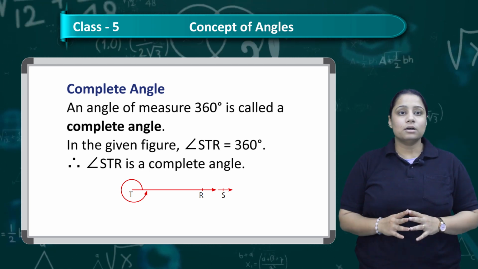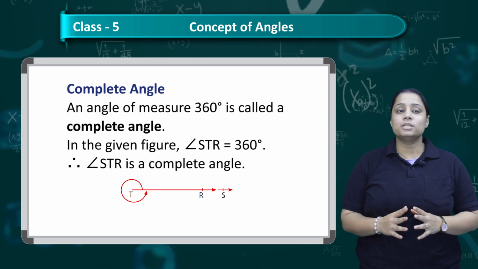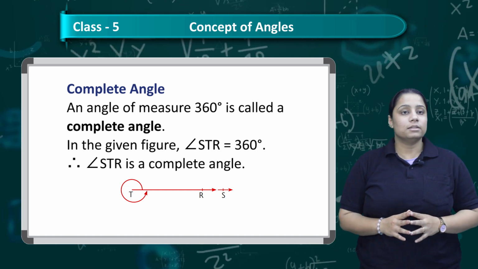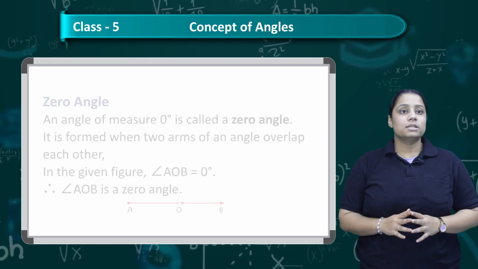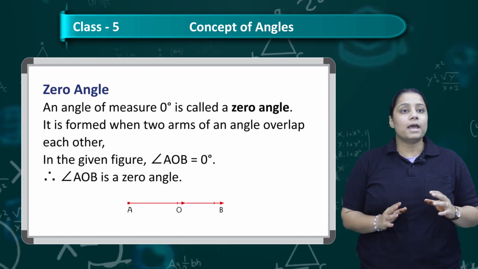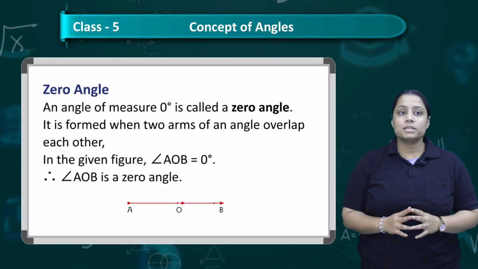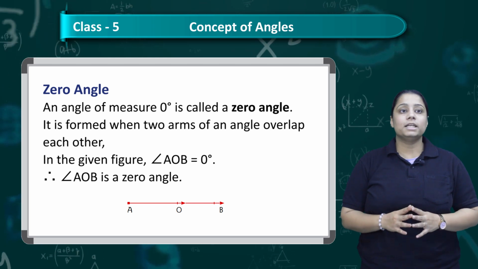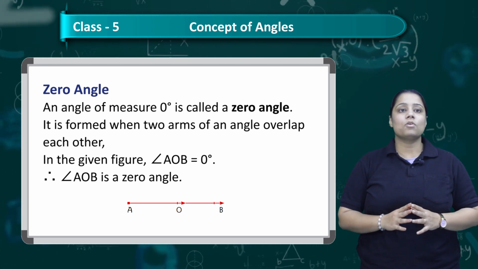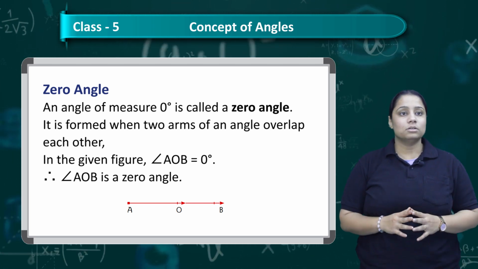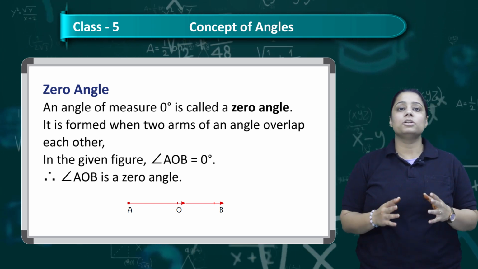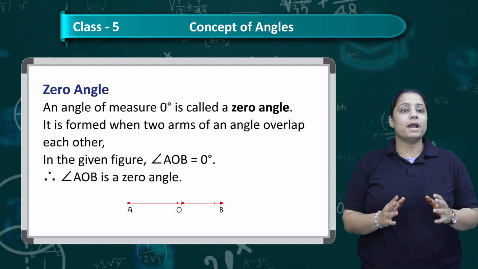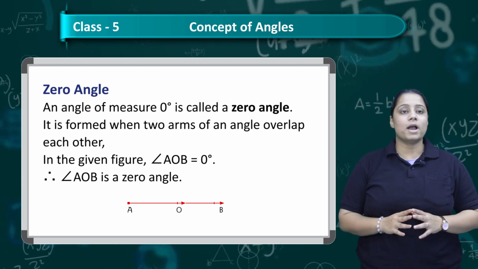In the given figure, angle STR is equal to 360 degrees. Therefore, angle STR is a complete angle. Zero angle. An angle of measure 0 degrees is called a zero angle. It is formed when two arms of an angle overlap each other. In the given figure, angle AOB is equal to 0 degrees. Therefore, angle AOB is a zero angle.